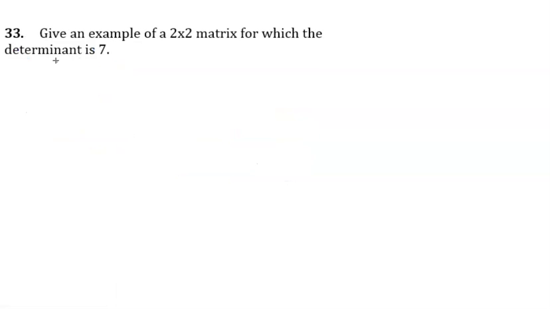Number 33. Give an example of a 2 by 2 matrix for which the determinant is 7. So we want to find some A, B, C, and D such that the determinant of this matrix would be 7.